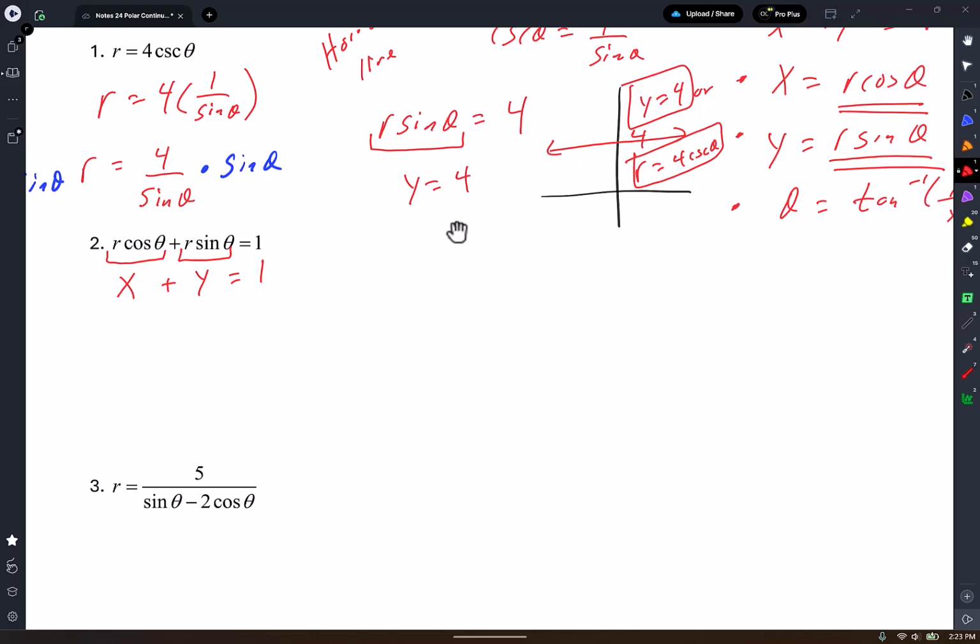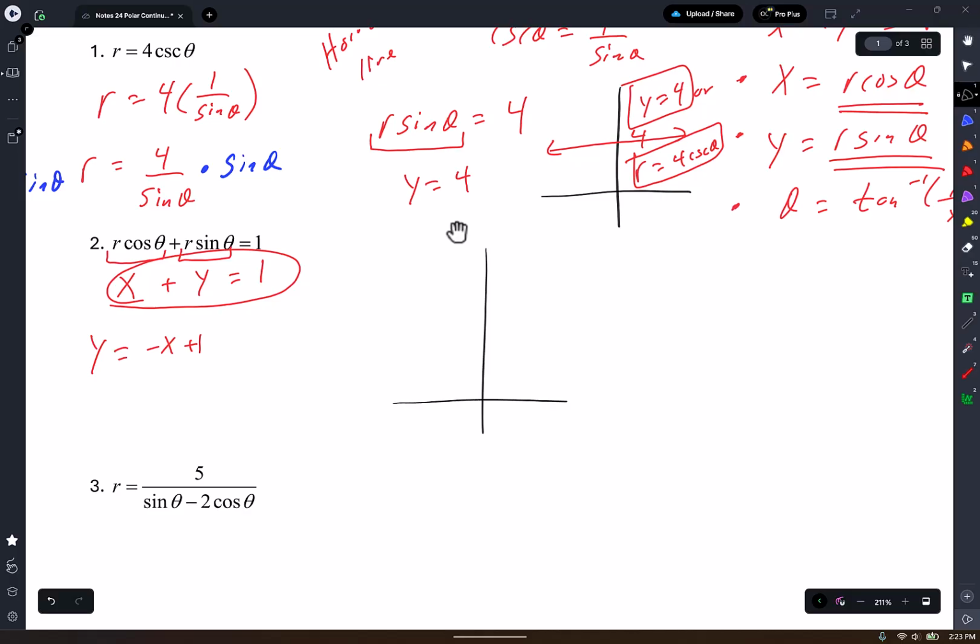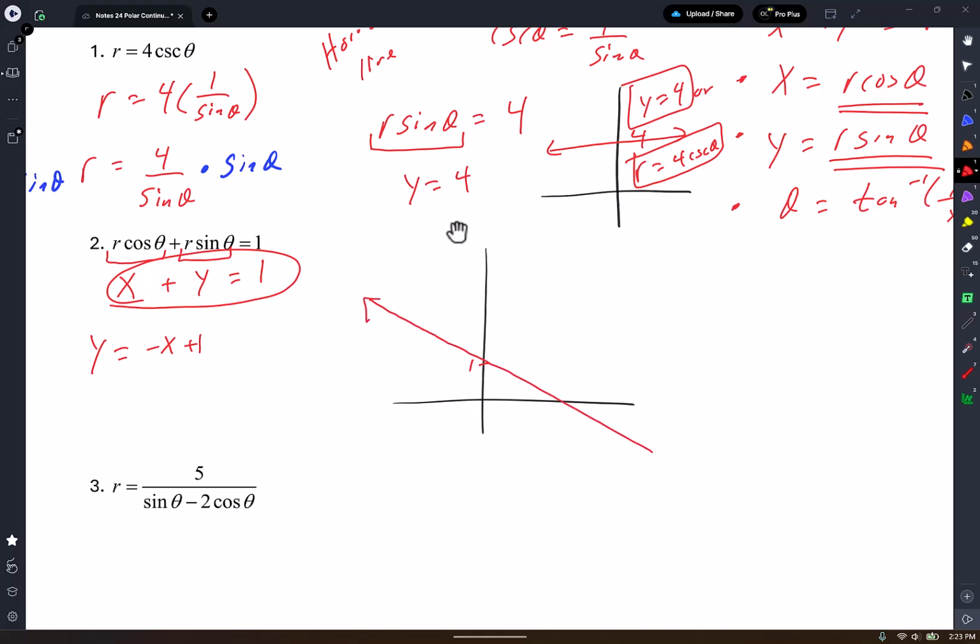And then if you wanted to graph it, and by the way, Desmos will graph this if you just type it in, I'm just going to move the x to the right. Y equals negative x plus 1. So again, when I graph this one, here's the 1, and it's just going to be like that with a slope of negative 1.